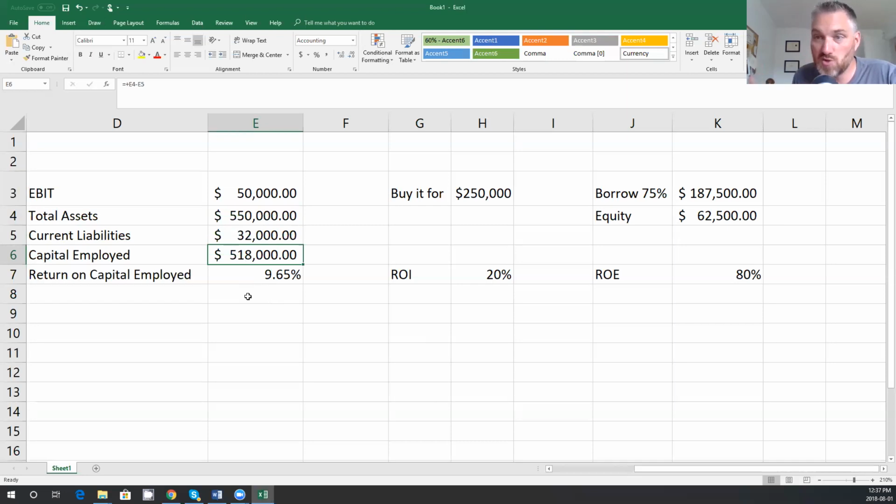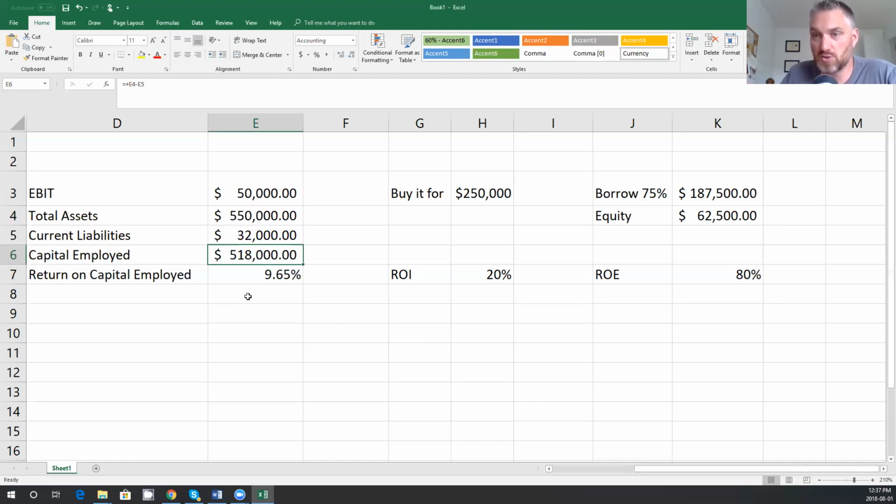Now, who uses this number? This is the kind of number that would be used by somebody who's analyzing a business, and they would probably do this if they were analyzing multiple businesses with a view of making an investment. So maybe someone wants to buy stocks in a publicly traded company, and they want to analyze one versus the next, okay?